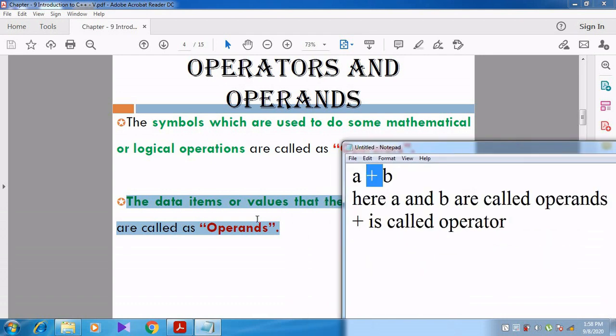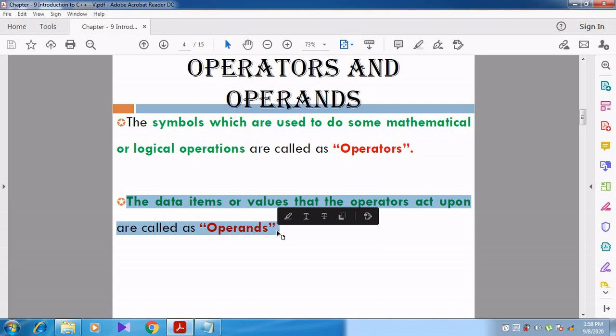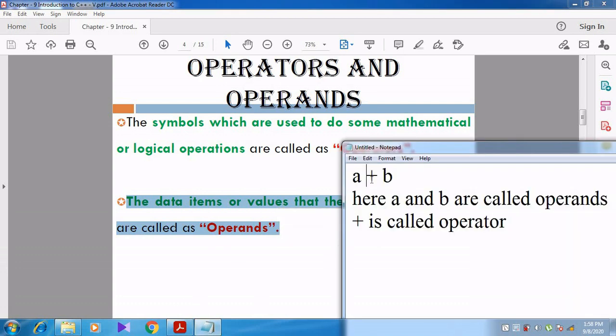And what is meant by operand? Operand means the data items or values that the operator acts upon. Here plus is acting on A and B, so A and B are called operands.